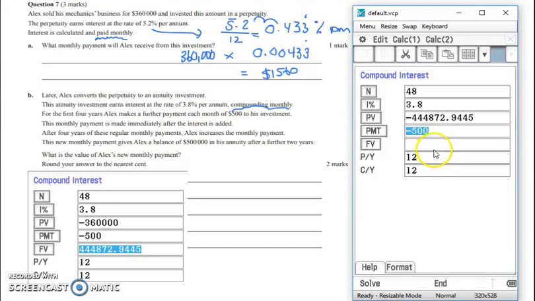So now we need to change some of these pieces of information in the question. So we're going to do this new monthly payment till we get a balance of $500,000 in the annuity. So we're looking at having a positive $500,000 in the pocket at the end of the investment.